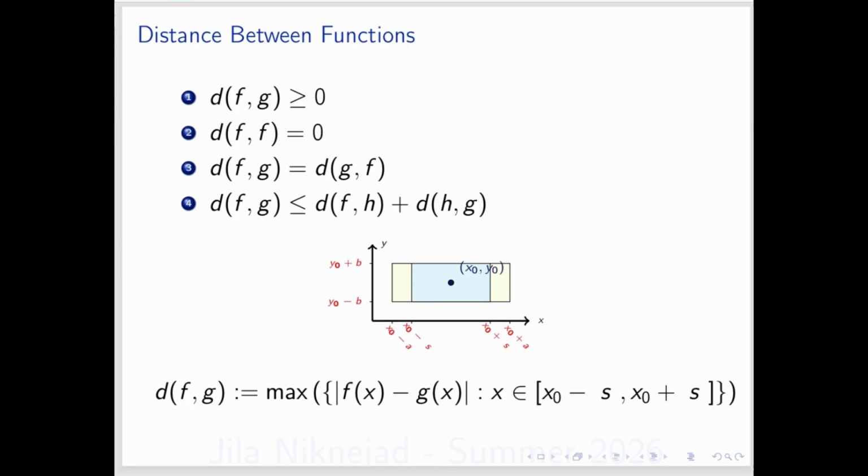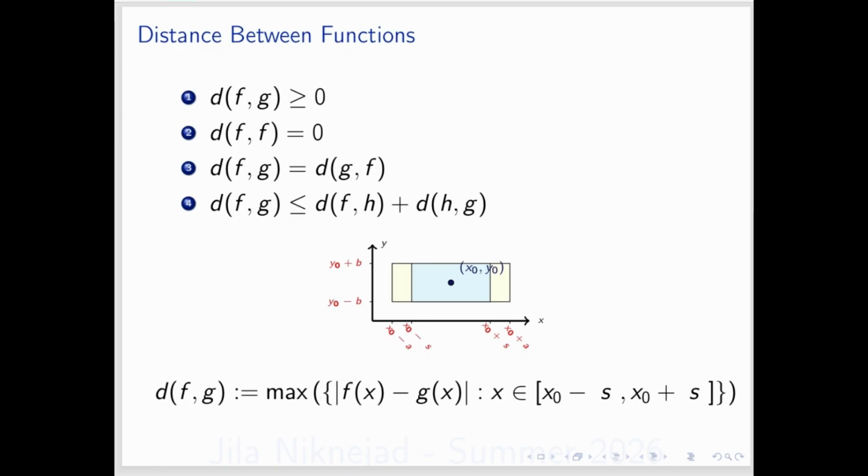For any s less than or equal to a, and for any continuous functions f and g defined on x naught minus s and x naught plus s, we define the metric to be d of f and g equal to the maximum of the positive distance between f of x and g of x for every x in the closed interval x naught minus s and x naught plus s.